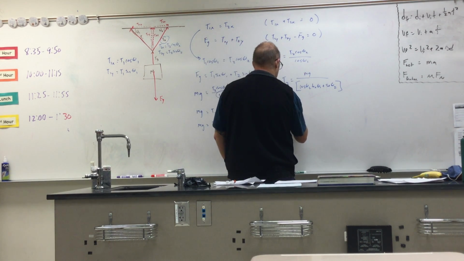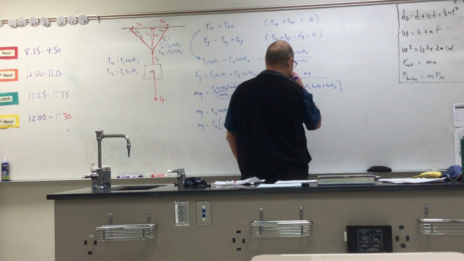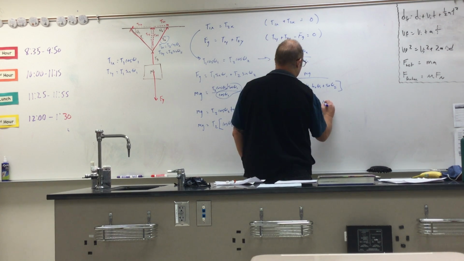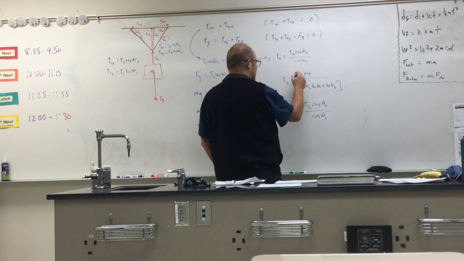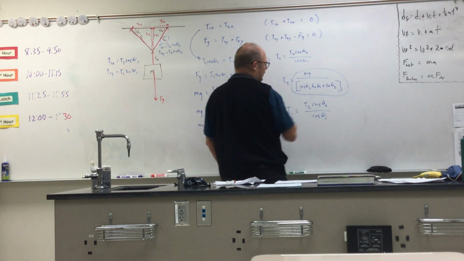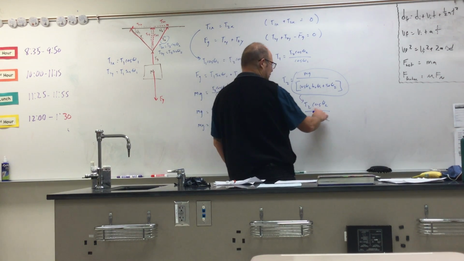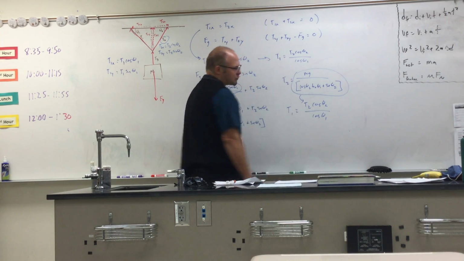So T1 is whatever this term is. Let's just rewrite it. Remember, this whole term right here is now going to be a number, and now you can plug that in there. And you know cos theta 2 because that's a number. So you'll be able to solve this problem now.